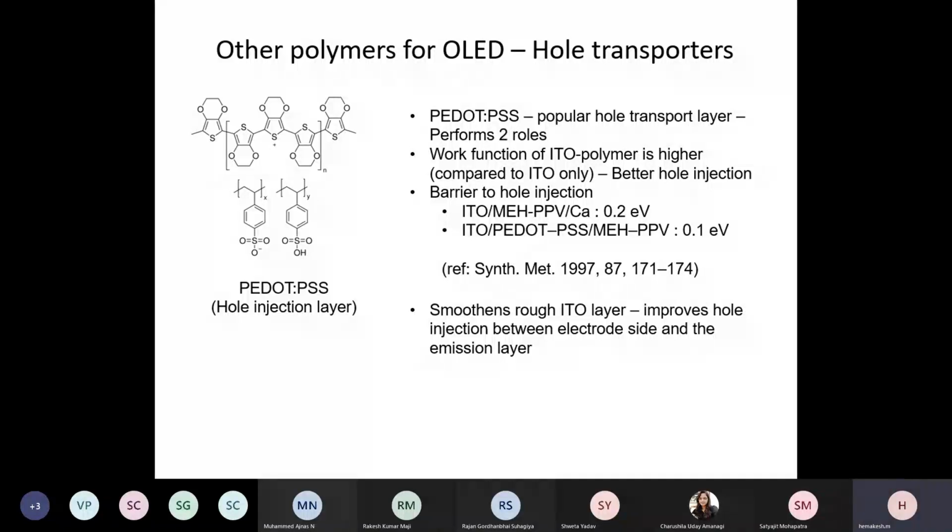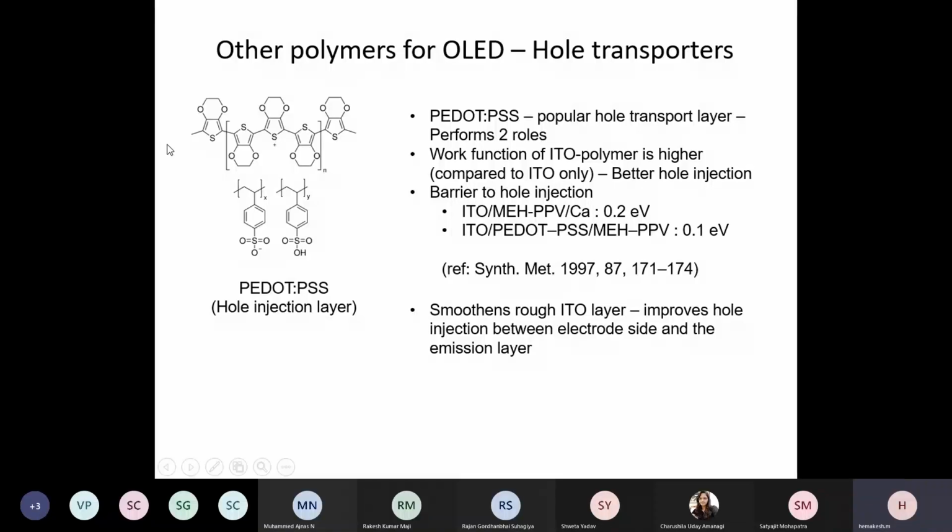There is one more polymer that shows up in literature quite a lot, which is not exactly the emission layer, but this is called PEDOT:PSS, and it is a very popular polymer that shows up in OLED literature. It's just as an aside. It acts as a hole injection layer. It's a different name now. It's not a hole transporter layer. It's hole injection layer. So what this polymer does is it is usually sometimes coated on the indium tin oxide layer.